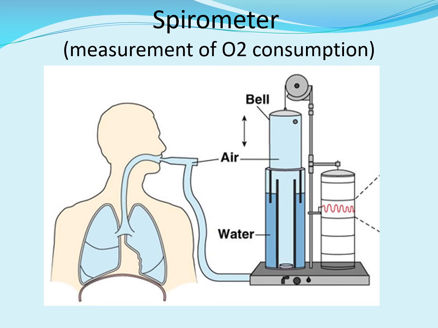And we have created a closed system with a line. In that way, this person is inspiring air from inside the spirometer, while the expired air is going back to the spirometer, but in the way of airflow out, we have another device by which we can get absorption of the CO2.